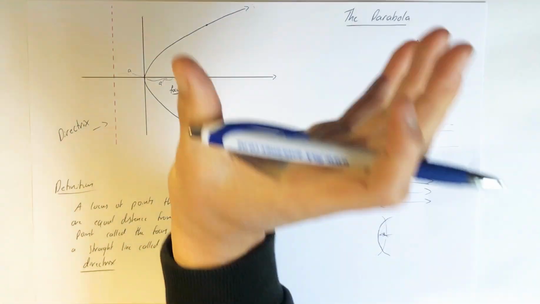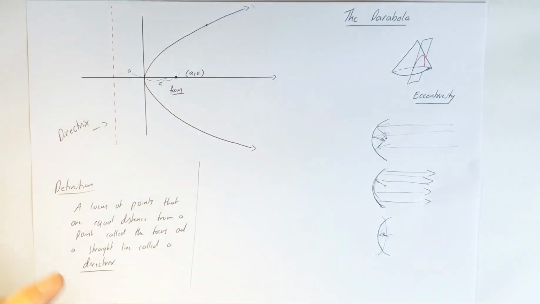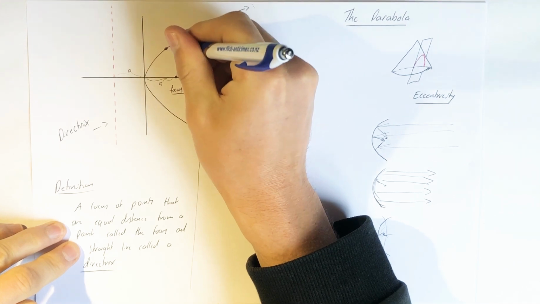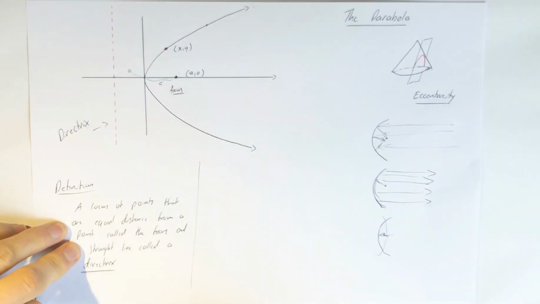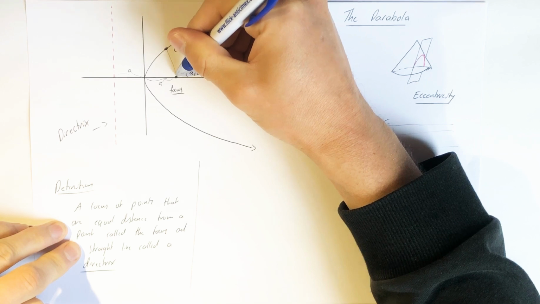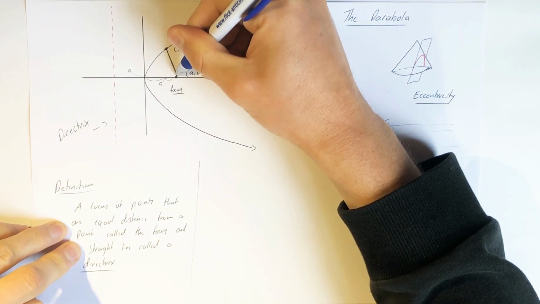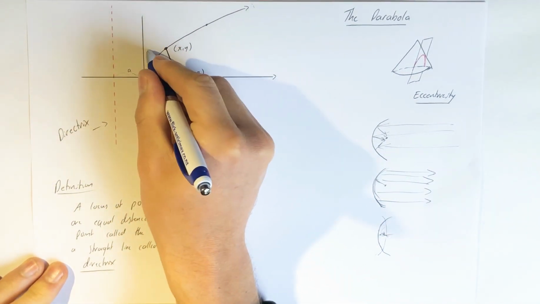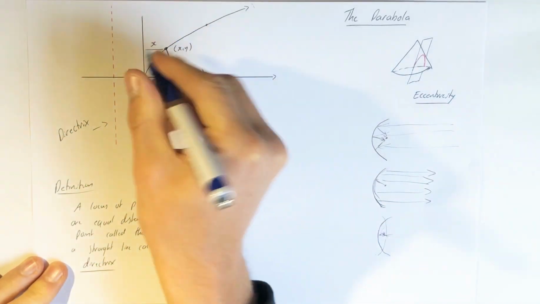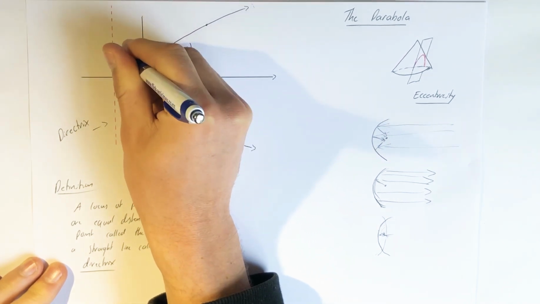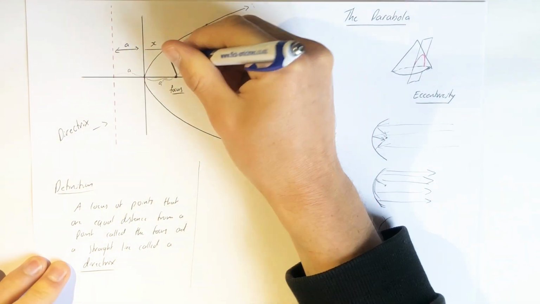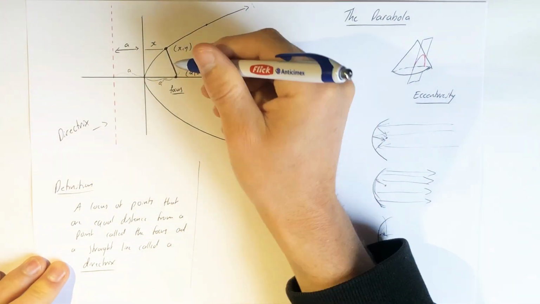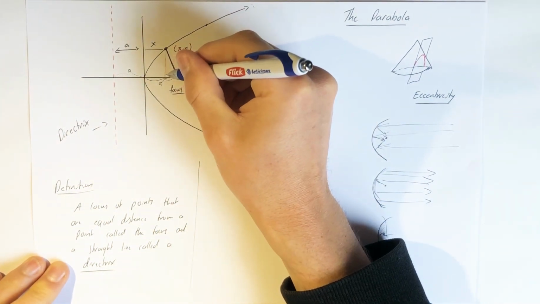Most of the time you've seen parabolas up this way and down this way, but now we're looking at them horizontally, just for definition's sake. So if we took a point here, (x, y), then I want to get the distance of that line there. We know that that's x, that there is x, and that there is a. So the distance of that line is just from the distance formula, from right-angled Pythagoras.